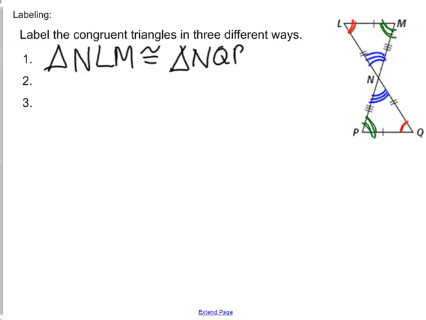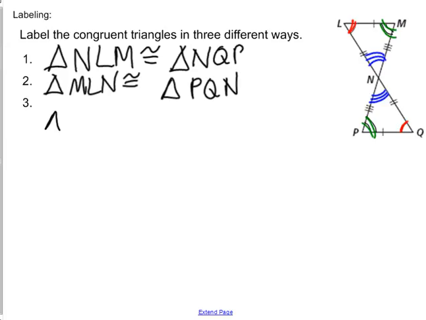Another way I can say it is triangle MLN is congruent to triangle PQN. The third way I can say it is triangle LMN is congruent to triangle QPN.